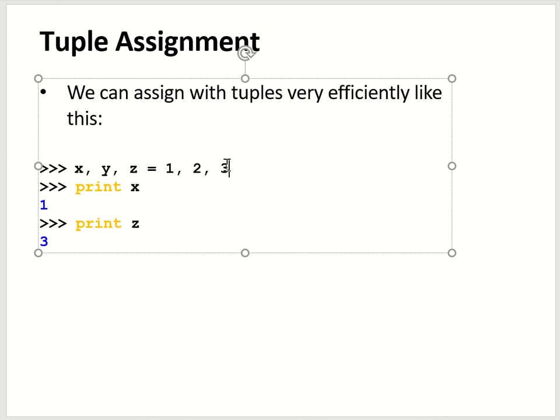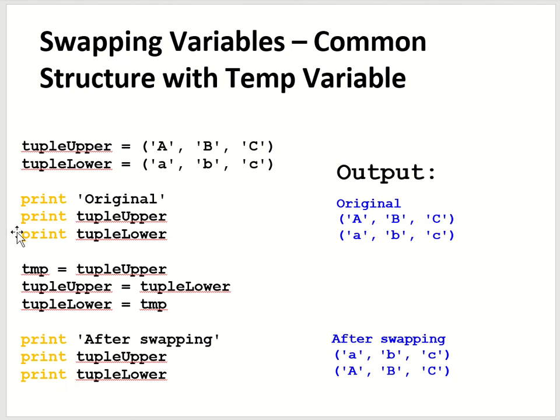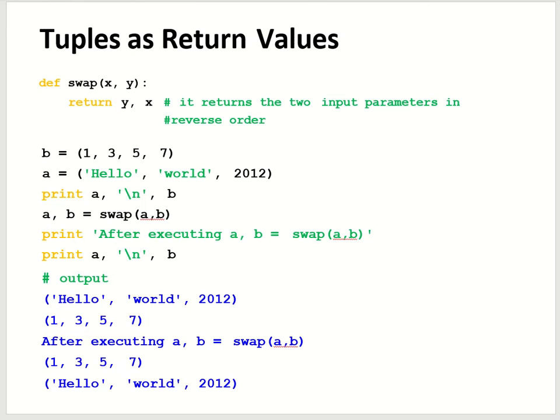And after this assignment statement, 1 is going to be assigned to the variable x and 3 will be assigned to the variable z. Here's just an example of if you had 2 tuples and you needed to swap the values in them, you can do so with use of a temporary variable that will contain the values in one of the tuples, but not actually ever be accessed past that point.